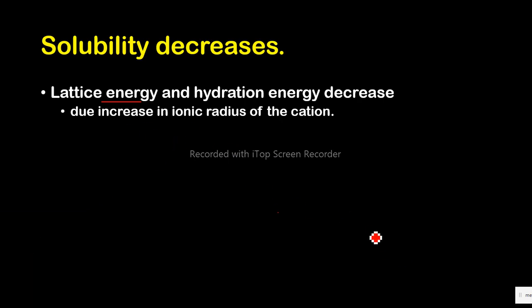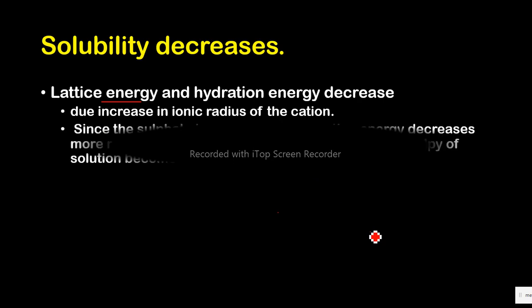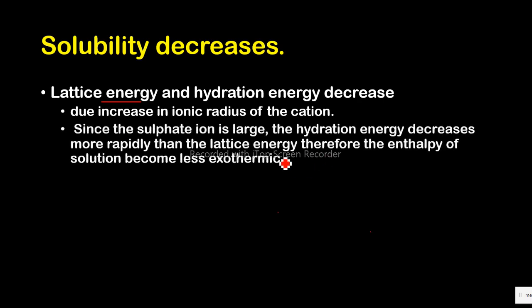So this is due to the decrease in ionic radius of the cation. Since the sulfate ion is large, the hydration energy decreases more rapidly than the lattice energy. Therefore, the enthalpy of solution becomes less exothermic.